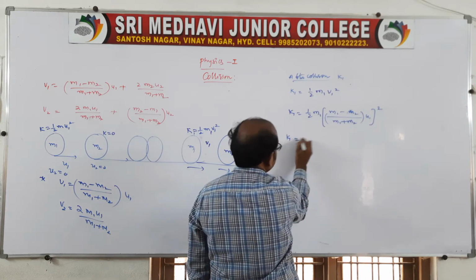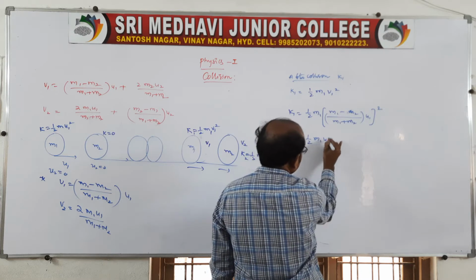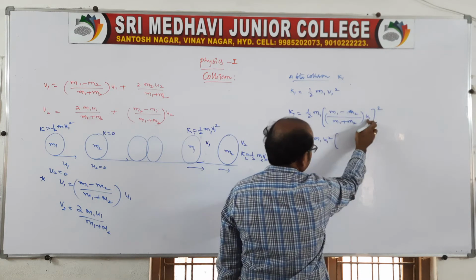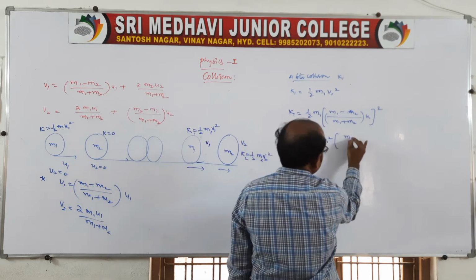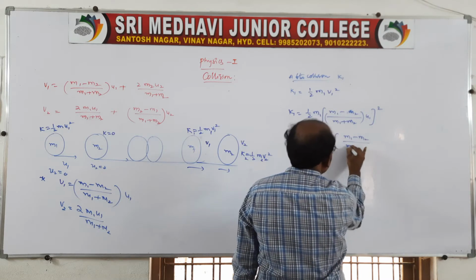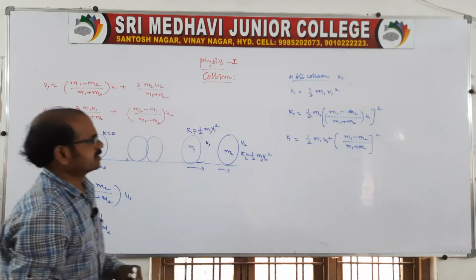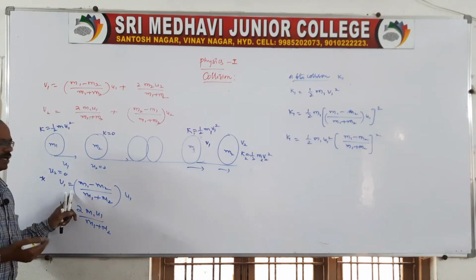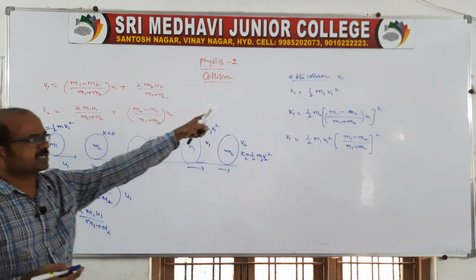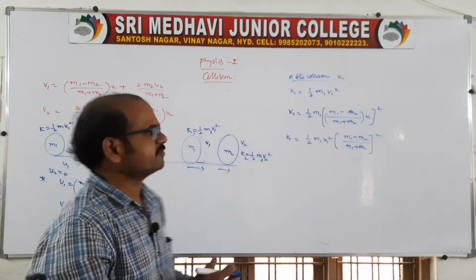So K1 is equal to half m1 u1 square. You take the square out from that. Therefore (m1 minus m2) by (m1 plus m2) whole square. It is simple. See, instead of v1 you write this v1 in place of the kinetic energy.